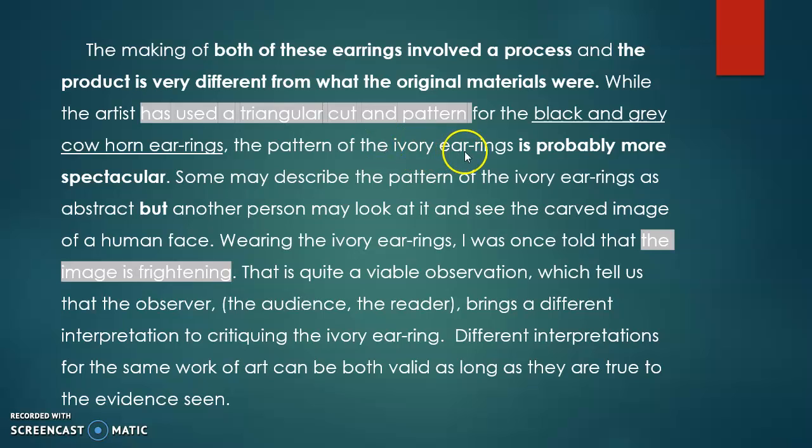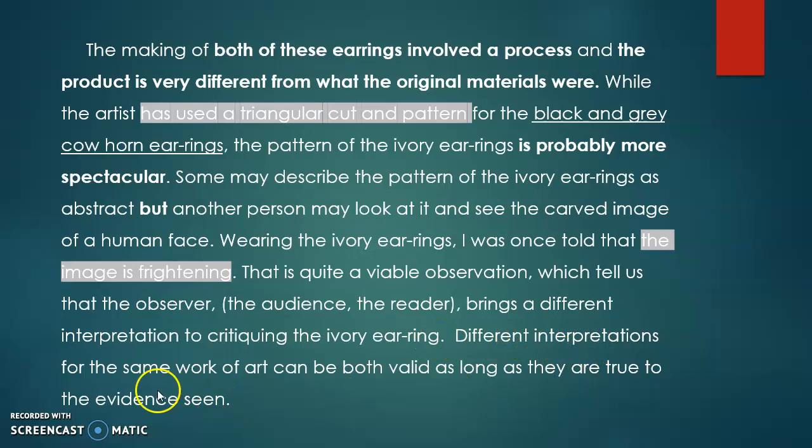The pattern of ivory earrings is probably more spectacular. Some may describe the pattern of the ivory earrings as abstract. But another person may look at it and see the carved image of a human face. Wearing the ivory earrings, I was once told that the image is frightening. That's quite a viable observation, which tells us that the observer, or it could be the audience, it could be the reader, brings a different interpretation to critiquing the ivory earring.